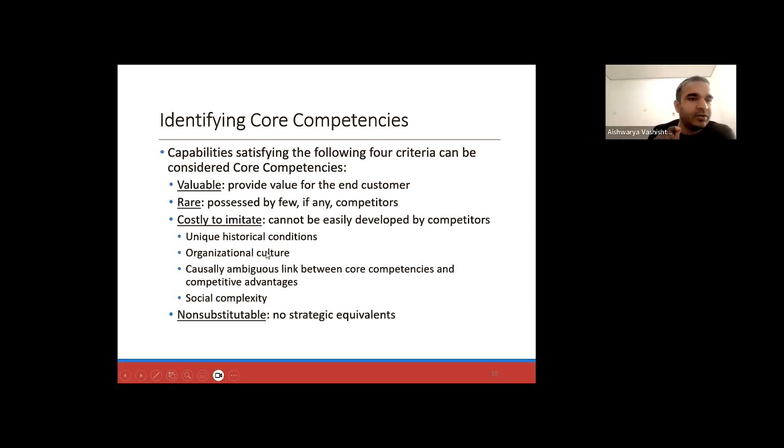It's very hard to codify those things. If a rival firm wants to do that, oh, let us copy the organizational culture of Southwest, but it's very hard to codify that. How exactly do you define happy employees, or funny employees? It's very hard to define that. That is just the nature of the people there.